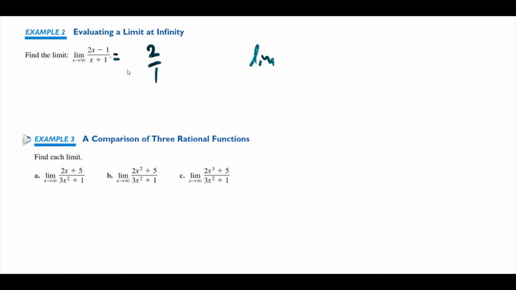Or you can think about this as the limit as x approaches infinity. So we have the ratio of our leading coefficients of 2 over 1. And that works because we are looking at a linear function over a linear function.